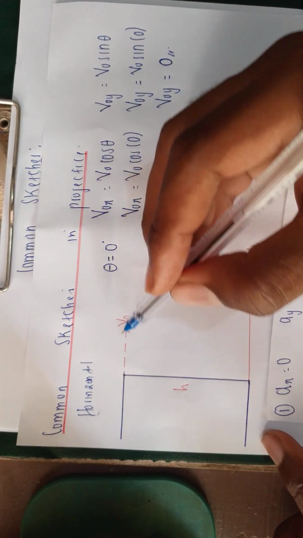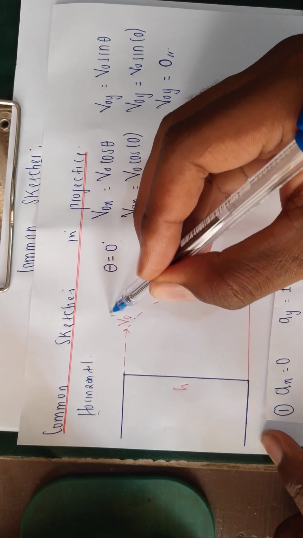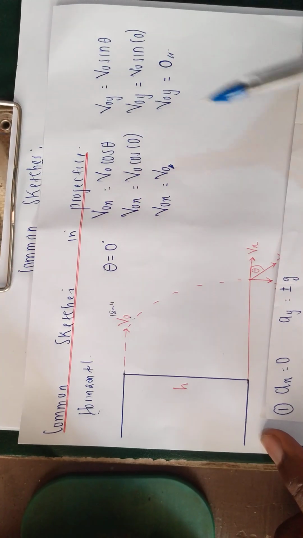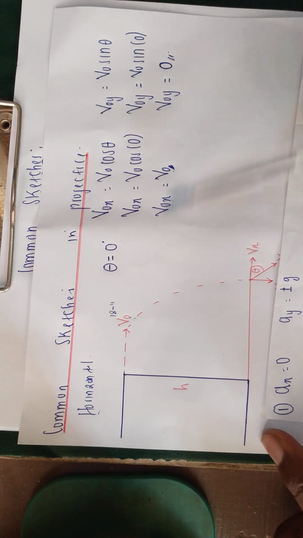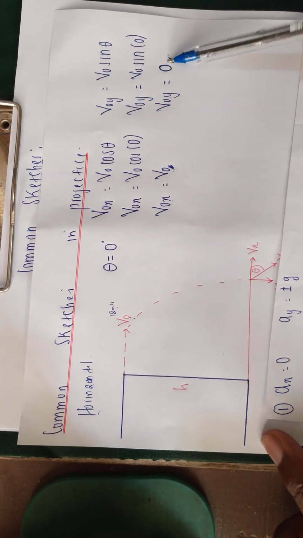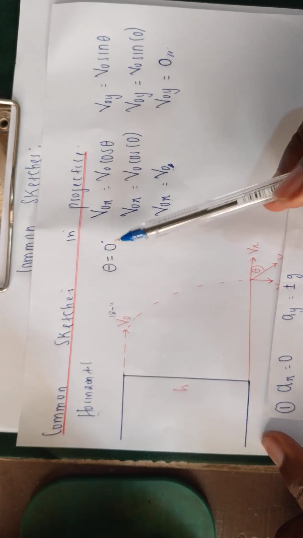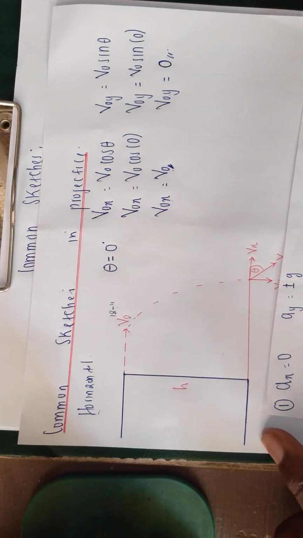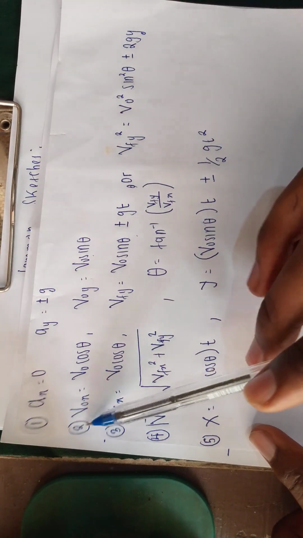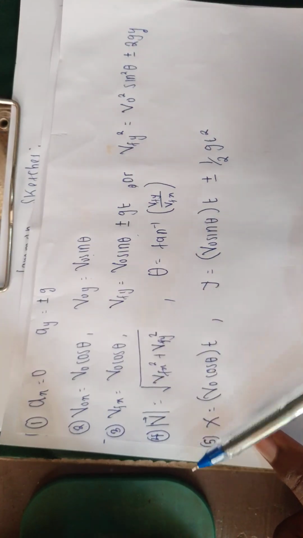For example, if they said it was projected horizontally at 18 meters per second, meaning the initial velocity in the x is going to be 18 and the initial velocity in the y is going to be 0. Where is that coming from? Your theta is 0.